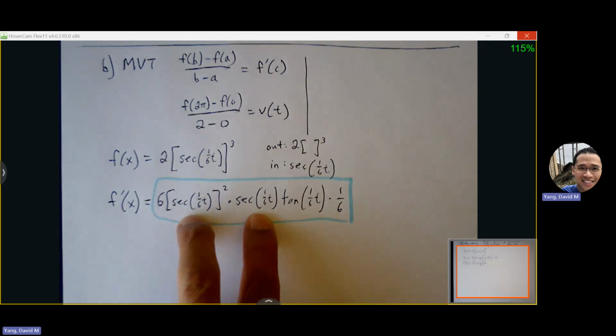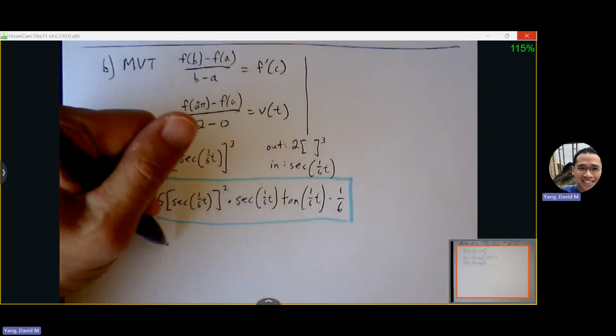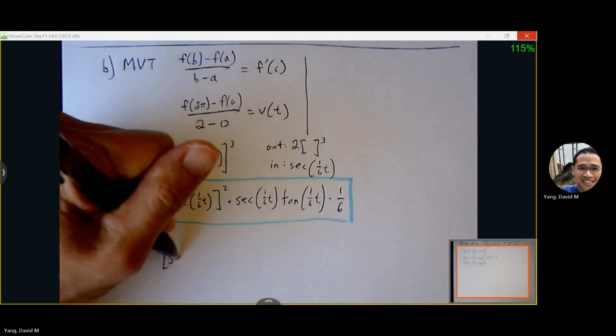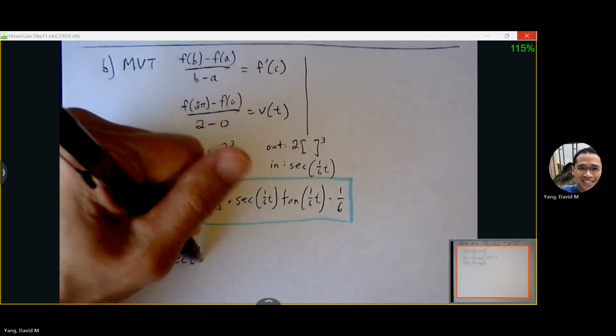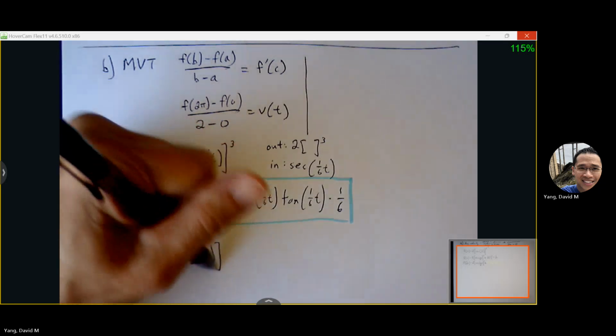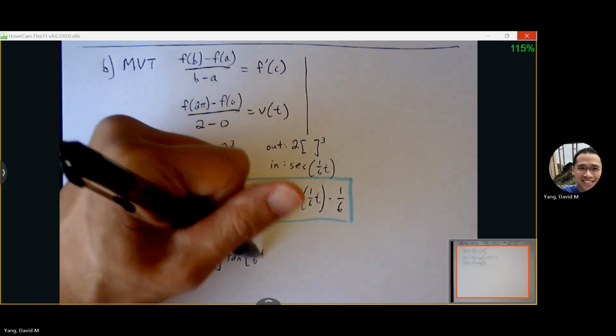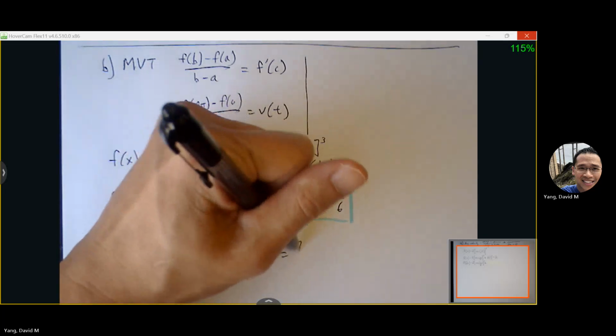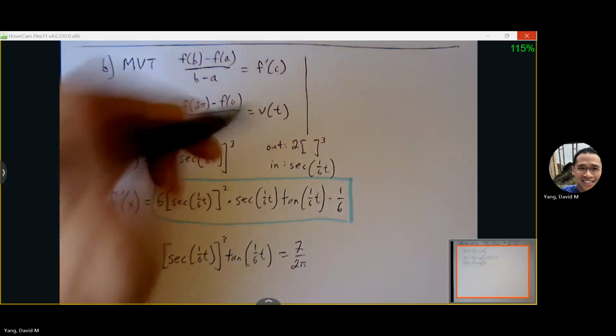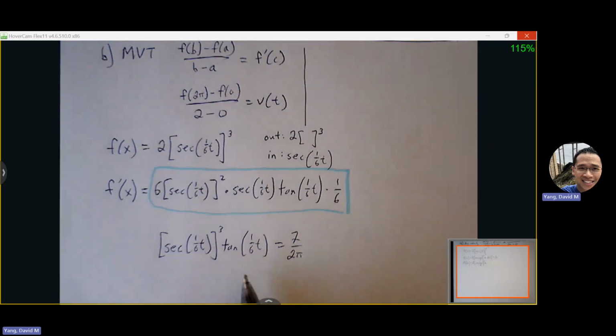I can merge the secants together to make it secant cubed. So if we were to solve for t, then we will be able to find the moment in time when this particle is going to reach this exact velocity of 7/2 pi.